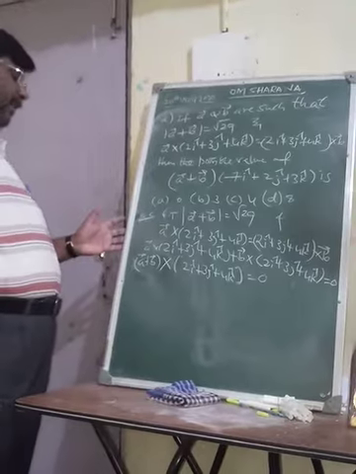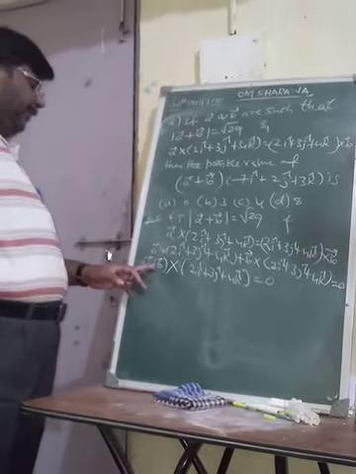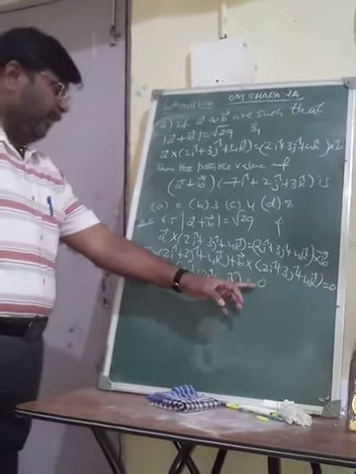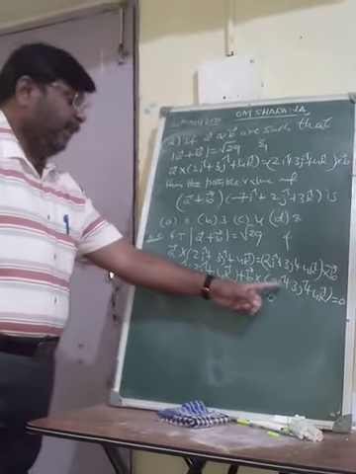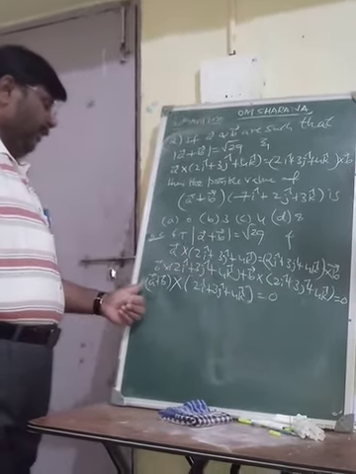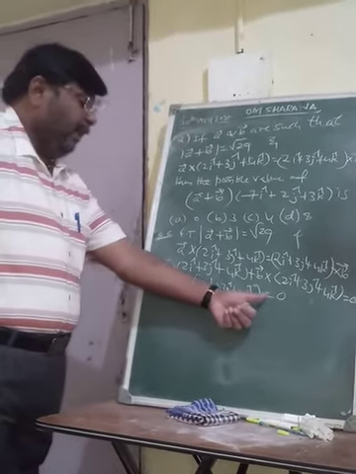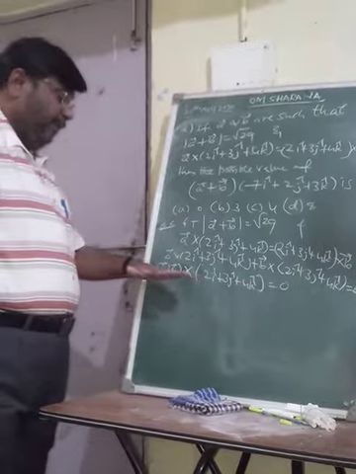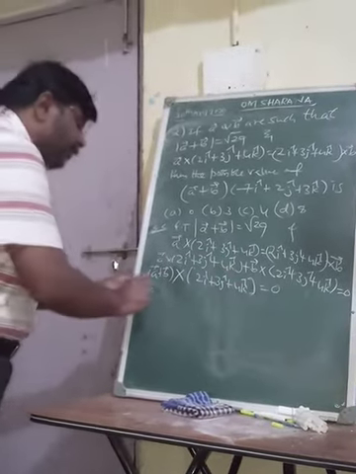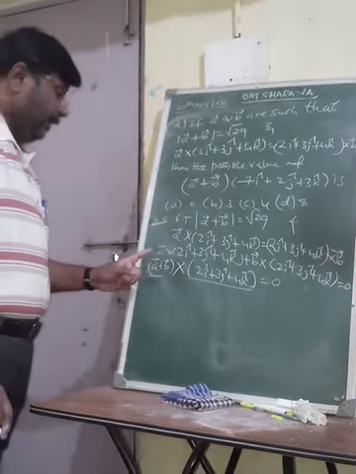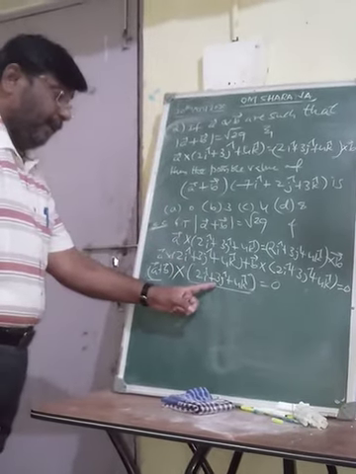Okay, let's continue. So A plus B cross 2i plus 3j plus 4k equal to 0. If this condition happens, then these two vectors are parallel: vector A plus B and this vector are parallel.